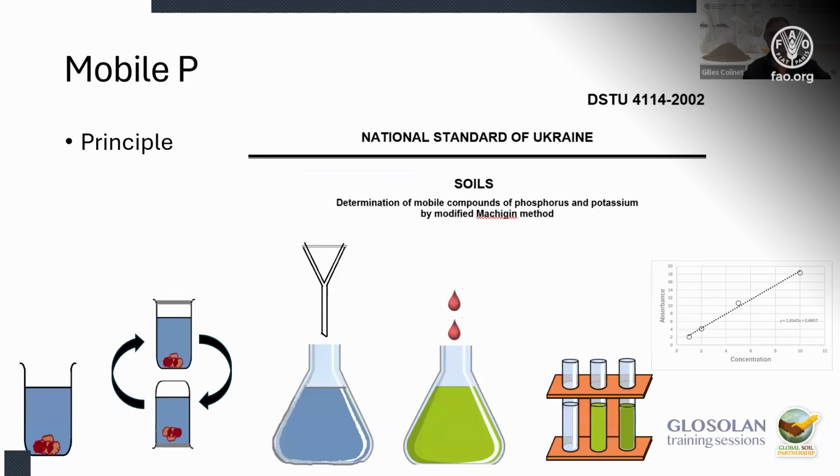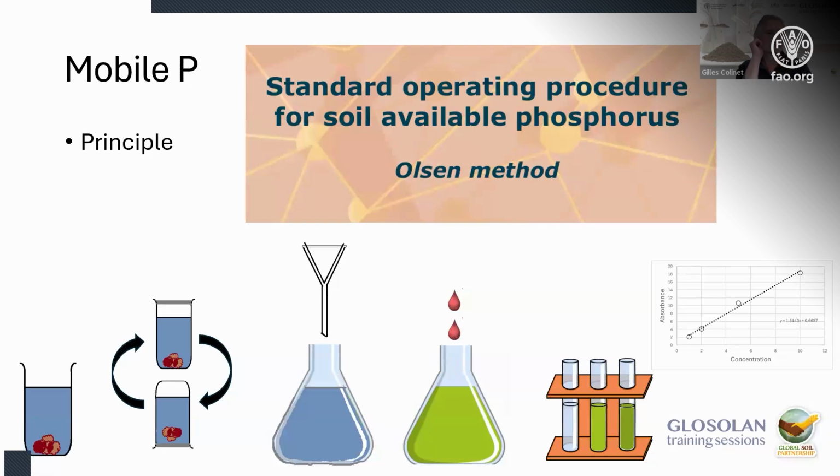But today we will speak about the single extraction of phosphorus content. The idea is the same as for the nitrogen: you will work on a colorimetric assessment. In the standard of Ukraine, it's the determination with the same extractant of both phosphorus and potassium. But we followed the Olsen method from the SOP of the FAO.